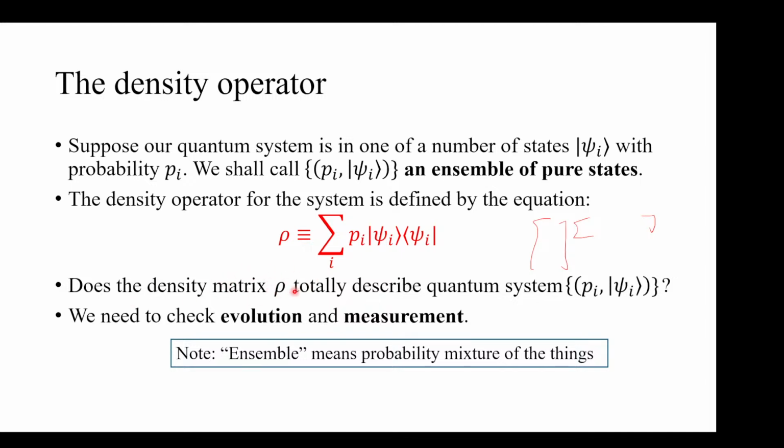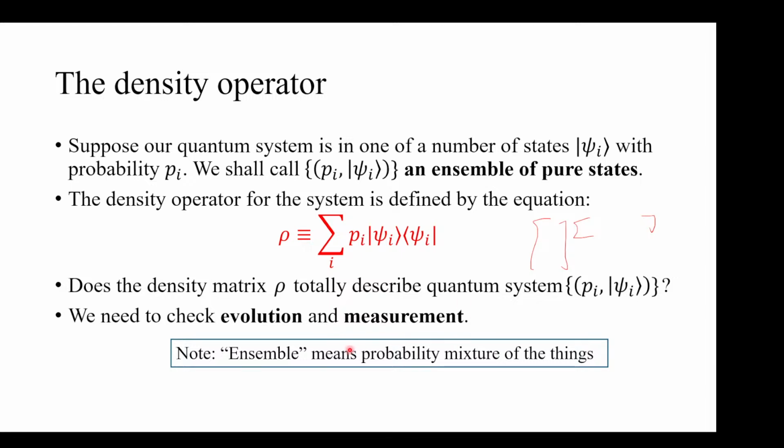We think that the density matrix represents all the things you can know and do on the system, so even though you might start with different ensembles, we think you have the same quantum system. We'll check, maybe not even enough time today, maybe next time, how this rho describes the evolution and the measurement of the system.